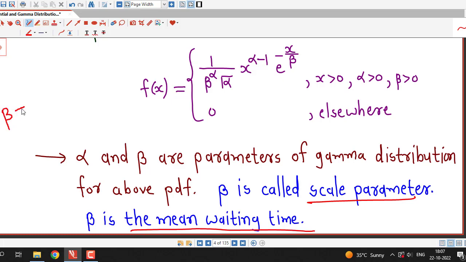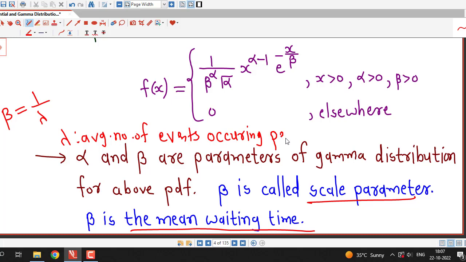Beta is given by 1 over lambda, and lambda is nothing but the average number of events occurring per unit time. We are considering beta equal to 1 over lambda. So beta is the mean waiting time between the occurrence of events.